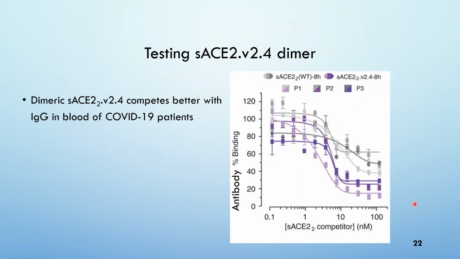Then testing this dimer on patient antibodies again using ELISA. Comparing the wild type dimer in gray and the engineered dimer in purple, the engineered ACE2 competes better with patient antibodies for the same 3 patient antibodies used in the previous experiment.